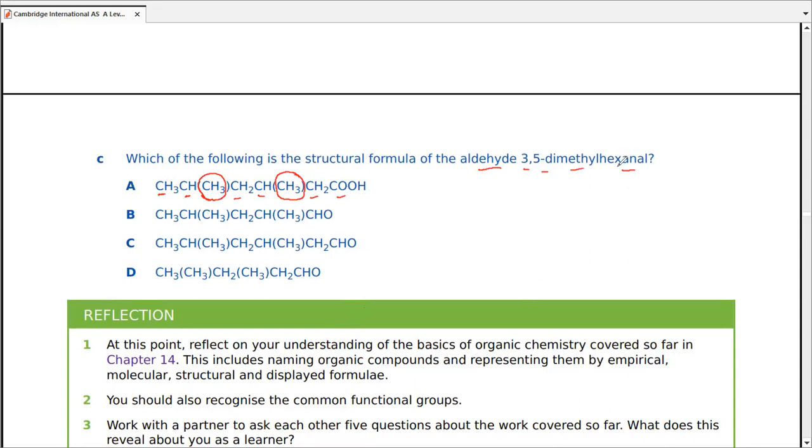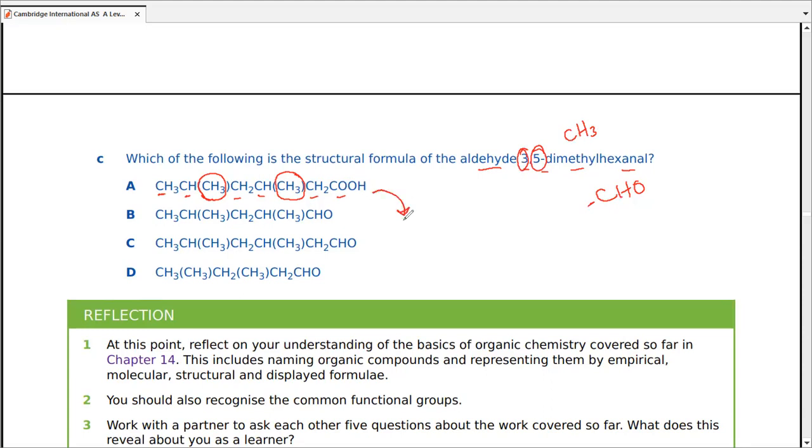Means the parent chain would have 6 carbon, hex. Al means the formula would be CHO at the end. And there would be 2 methyl groups, 2 CH3 groups, 1 at 3, 1 at 5. This is what the name gives us as a hint.